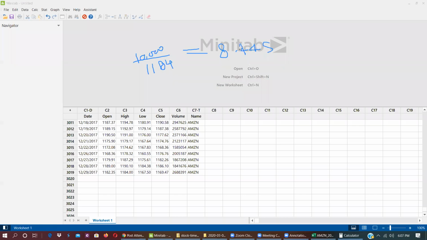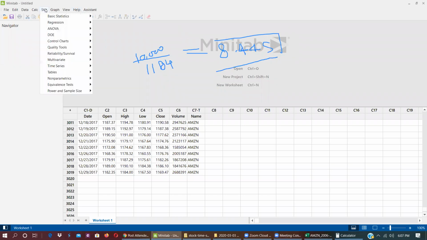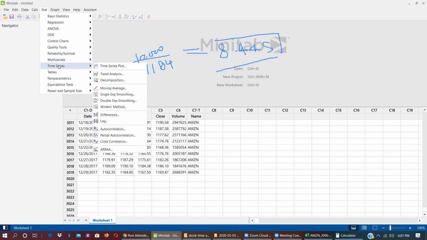Okay. If I invest in Amazon, what would be the return after 365 days? So I'm just going to forecast this. Here I have statistics. Under statistics, we have the option time series.